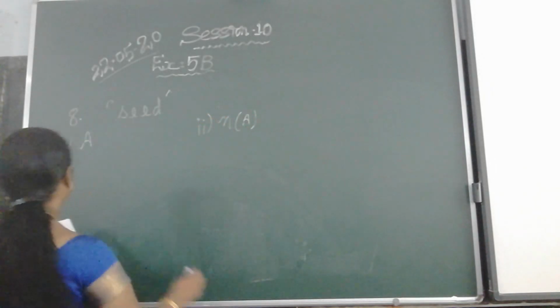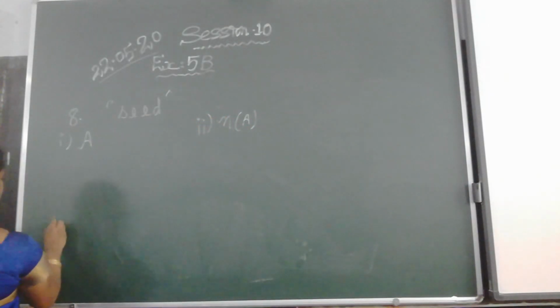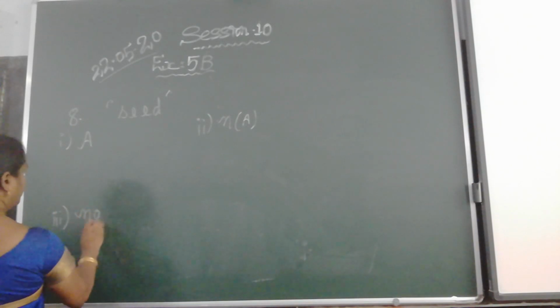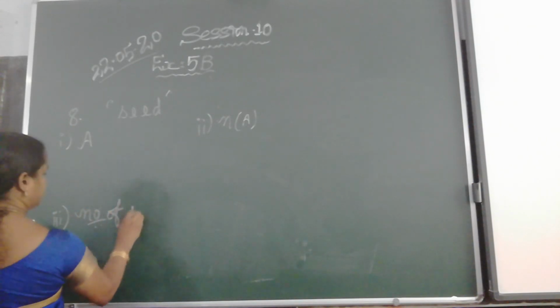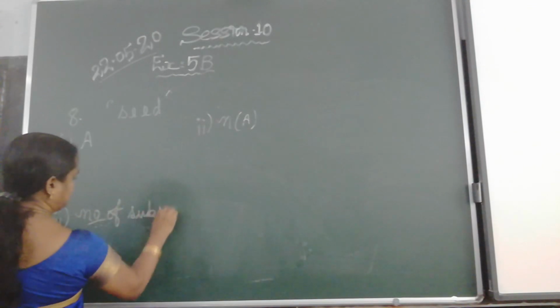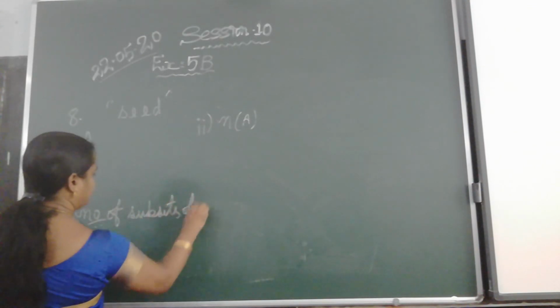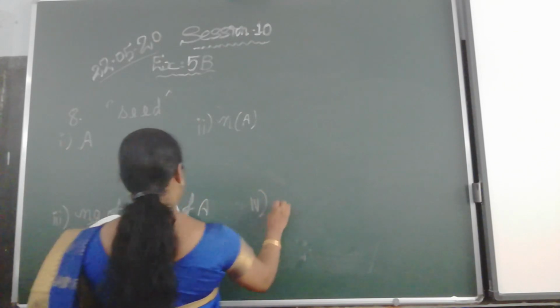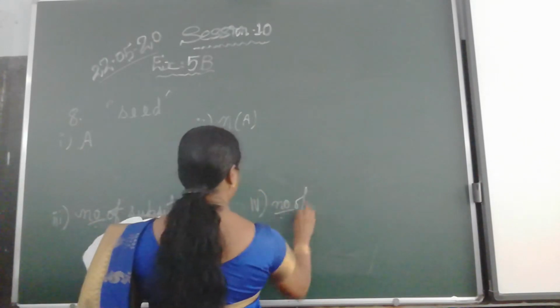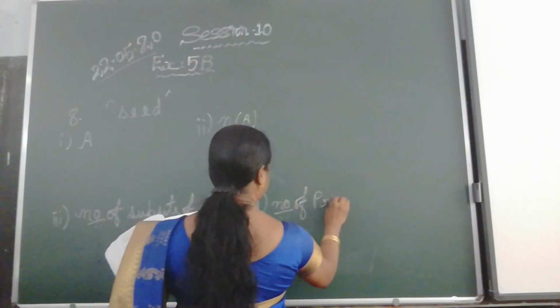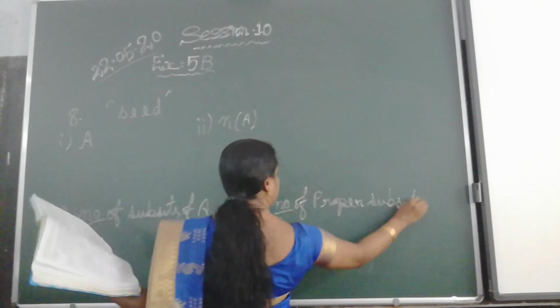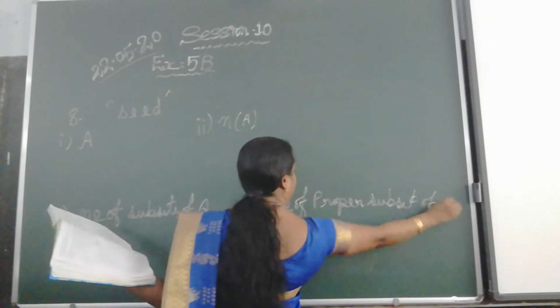The third one, the number of subsets of A. And the fourth one, the number of proper subsets of A.